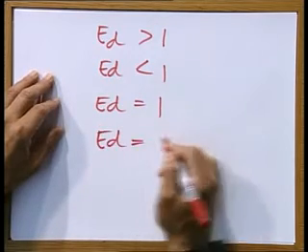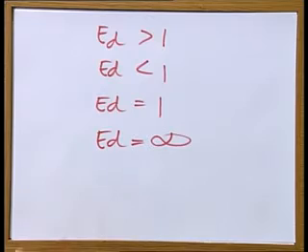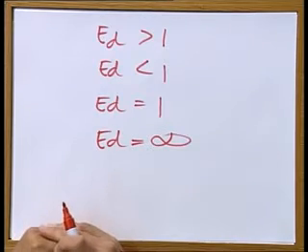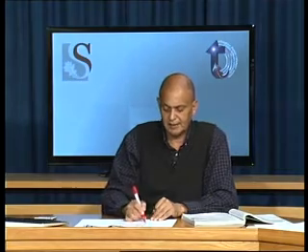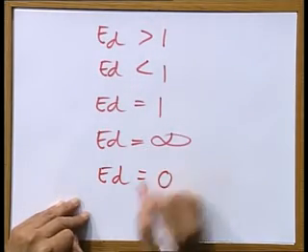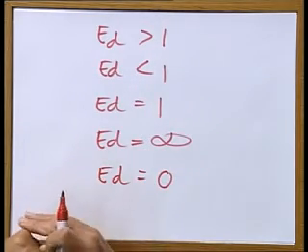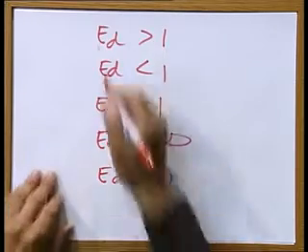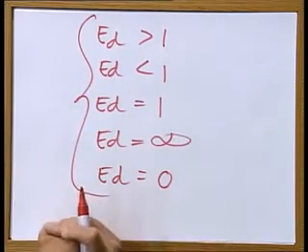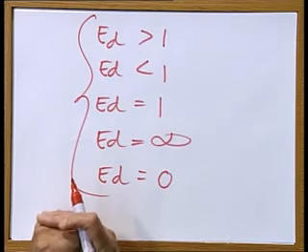ED can be equal to infinity, where you cannot measure the change in the quantity demanded because of a slight change in the price. And ED can also be equal to 0, where even if there's a change in the price, it will not change the quantity demanded. So please note the 5 categories of elasticity, or the 5 types of elasticity.